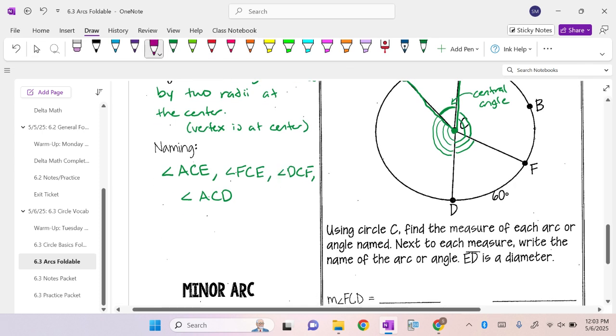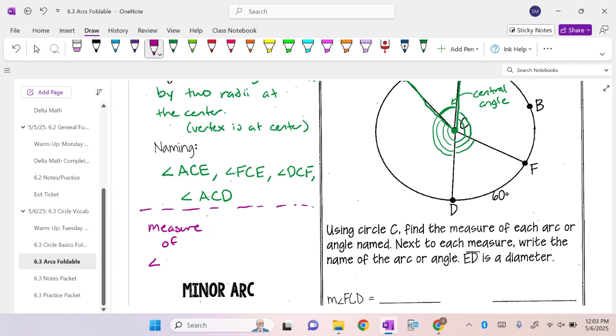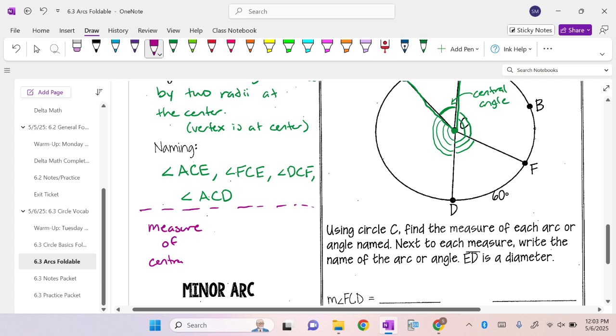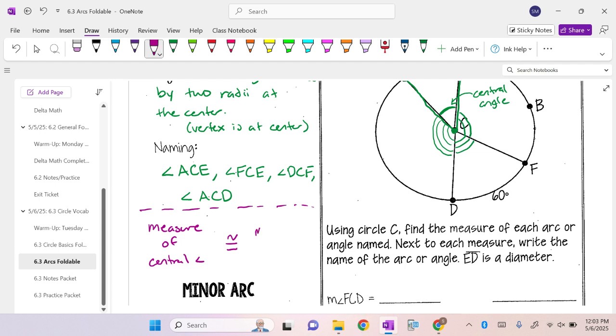So another thing to note here is that the measure of the central angle is congruent to the measure of the intercepted arc. And again, all intercepted arc means is that it's the bow to your drawstring. It's the ice cream to your cone.